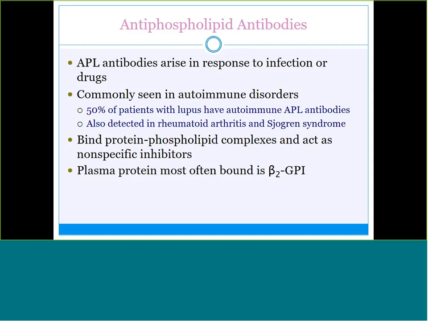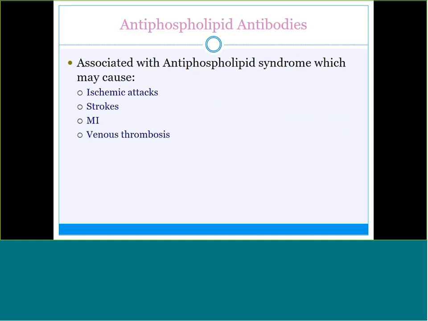Overall, we just have to keep in mind calcium and phospholipids are definitely a huge part of forming a clot. So as a result, these antibodies that you're making in these autoimmune disorders will bind to those phospholipids that are part of that pathway. And so what we see is the ability to form clots happening increasingly.